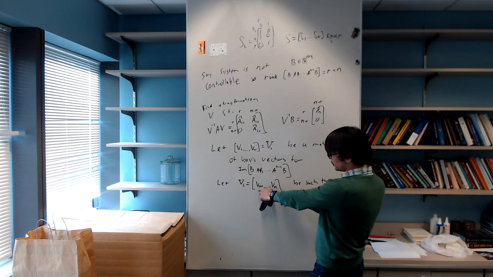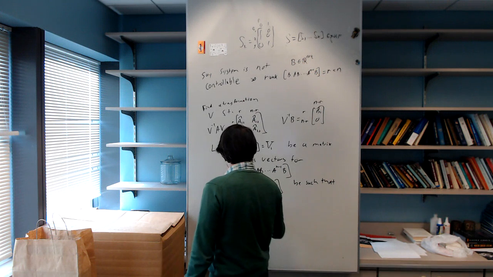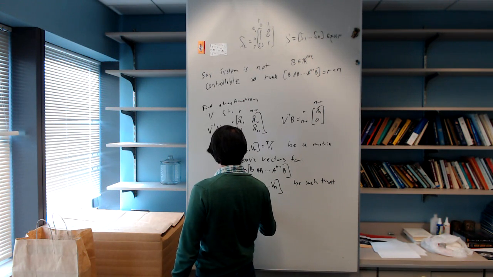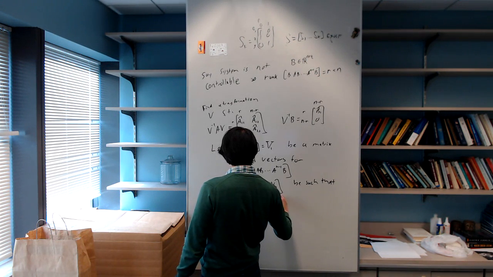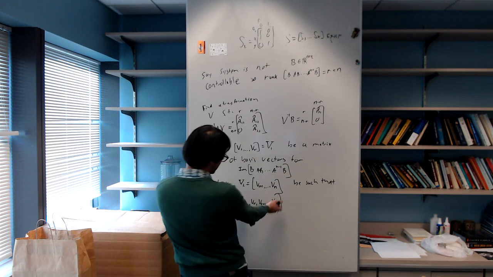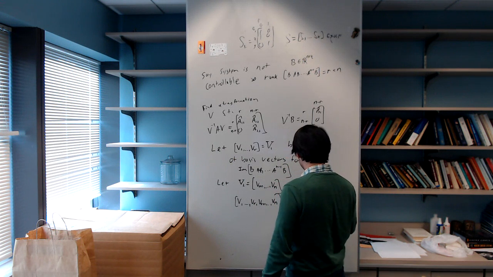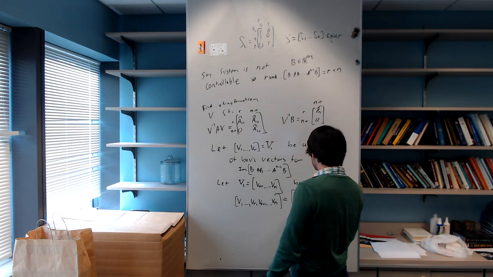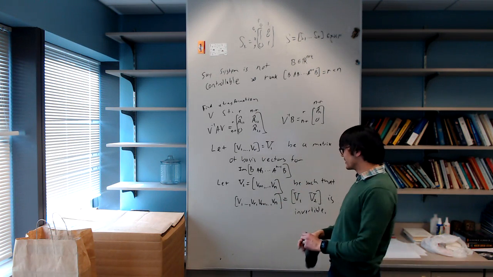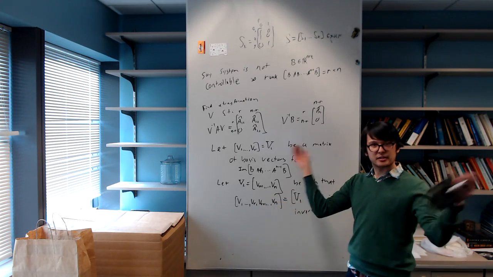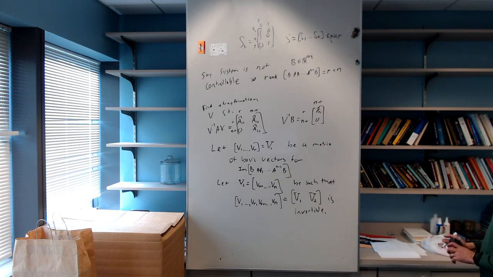So we can always complete this set of linearly independent vectors to a basis of the whole space, such that [V1, V2] is invertible. If we've got our linearly independent vectors, we can just take some more vectors that are independent of all those and construct ourselves a basis of the whole space. All right, cool. So we've got this thing.